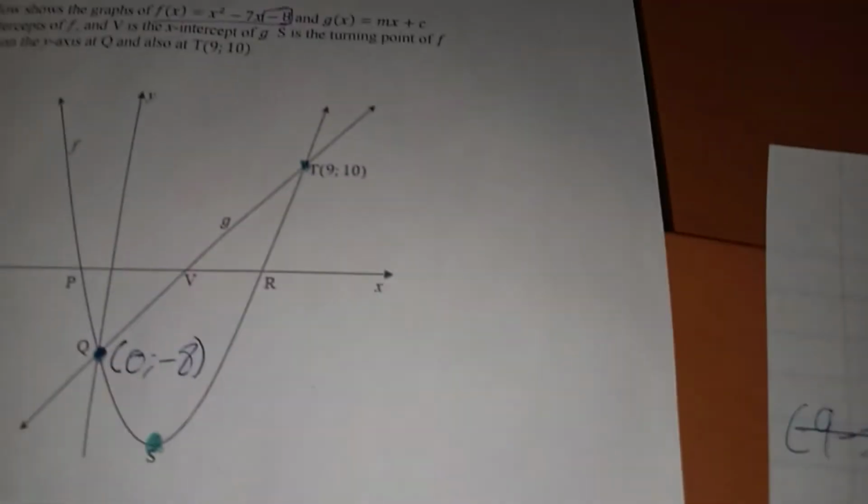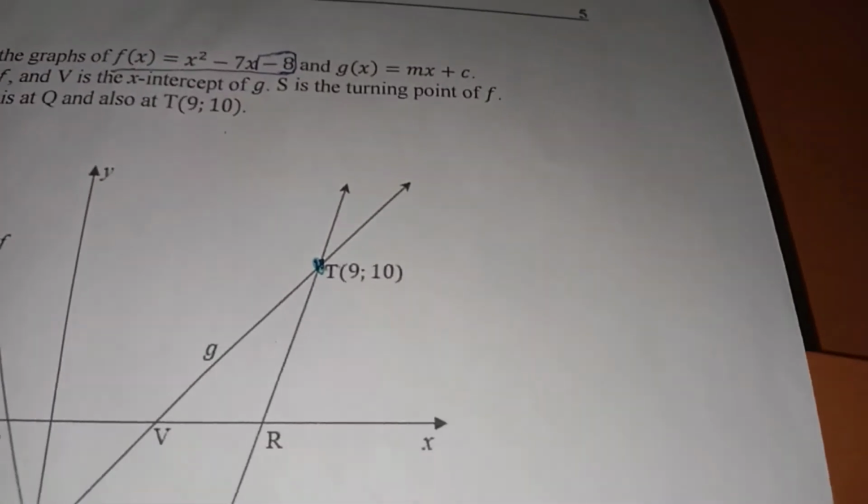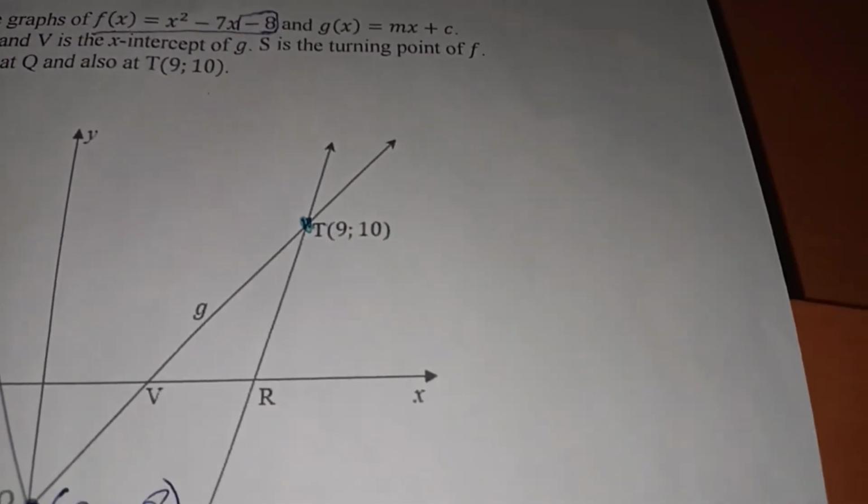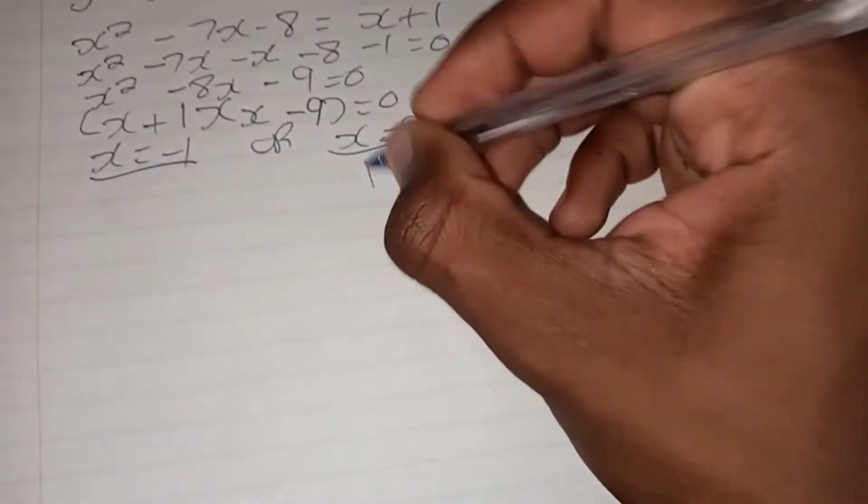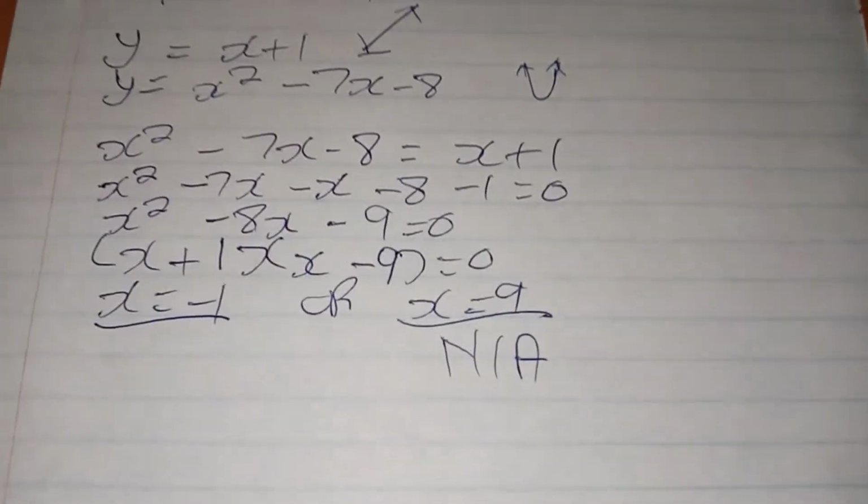But then the thing about 9 is that we already know that the point that has an x coordinate of 9 is T, right? So we can't use this. Remember that we are looking for a point which is W. So now our x coordinate of W will be -1, right?